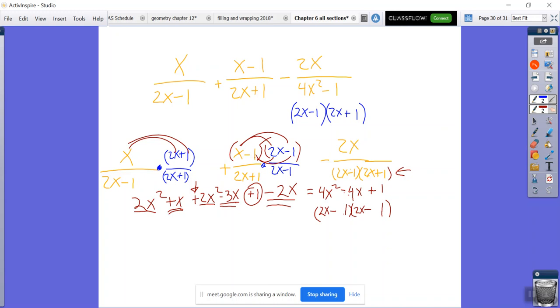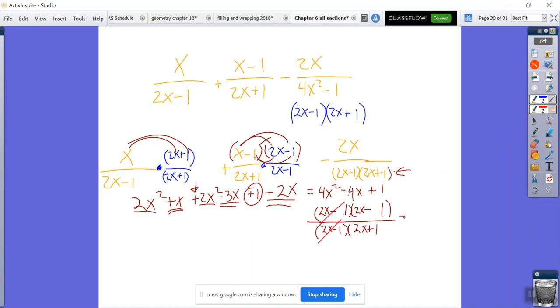All right, so now we can put this over our least common denominator. I'm just copying from right here. Is there anything we can cancel out? 2x minus 1.